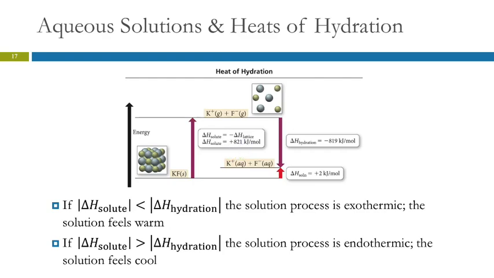If you're going to separate them, you have to put in 821 kilojoules per mole. This is the heat of hydration term, where we've got those ions in their gas form, and we allow them to mix with the water, and this is going to release 819 kilojoules per mole of energy. The difference here is positive 2. So this is an endothermic process where it's absorbing 2 kilojoules of energy per mole.